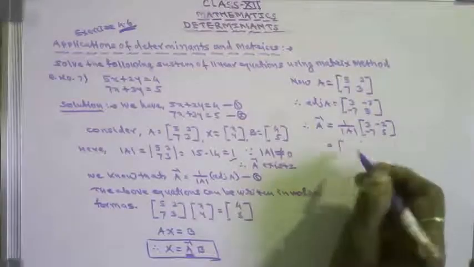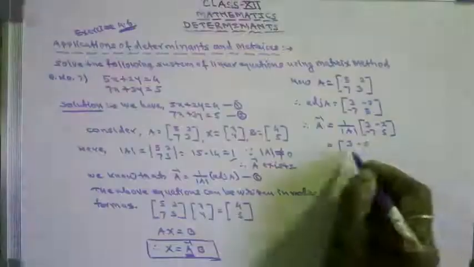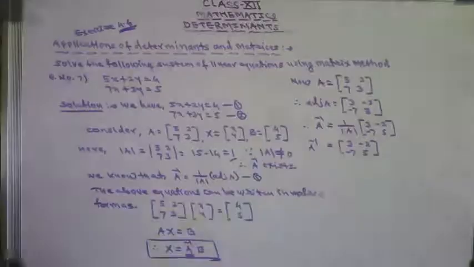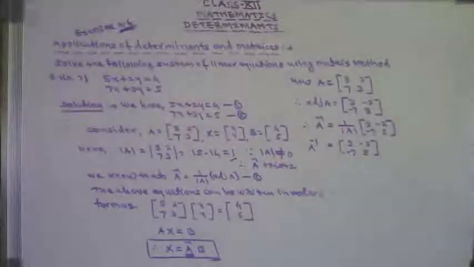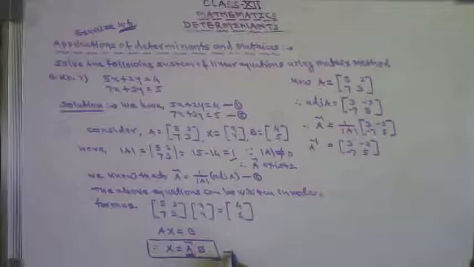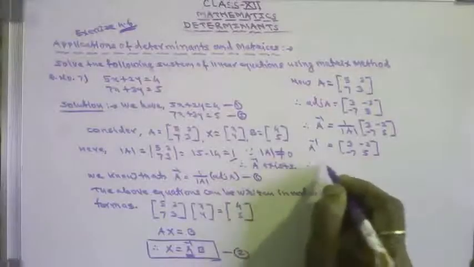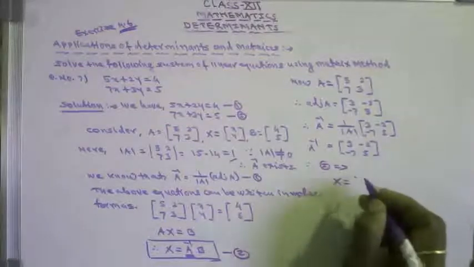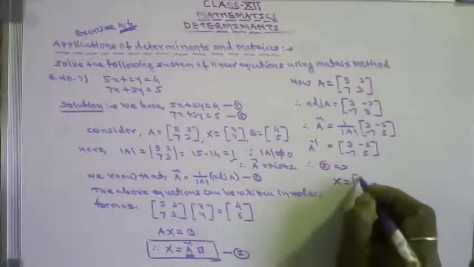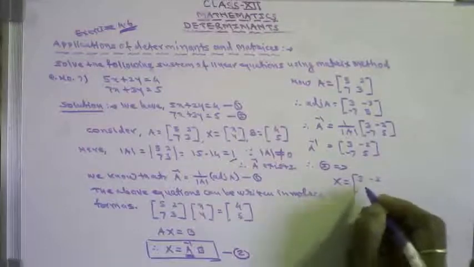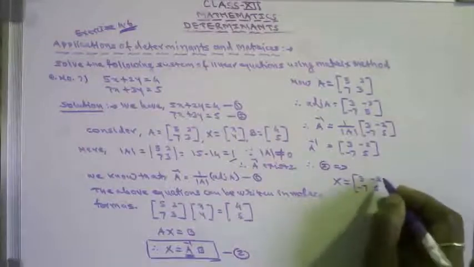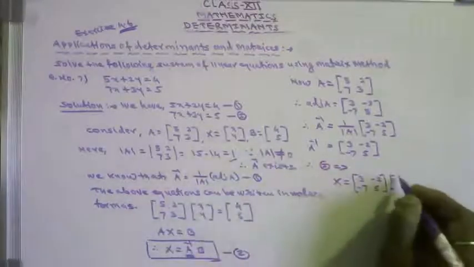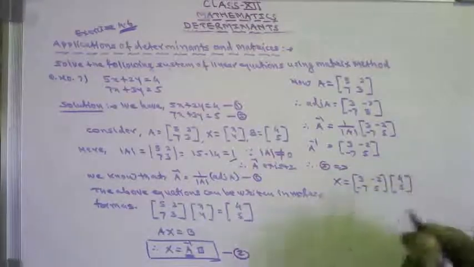So A inverse equals 3, -2, -7 and 5. This is your A inverse. Therefore capital X equals A inverse multiplied by B, that is 3, -2, -7, 5 multiplied by 4, 5.